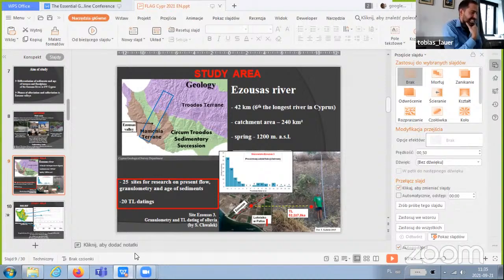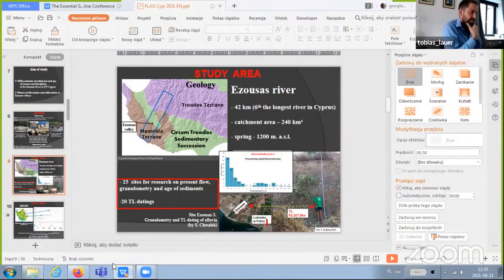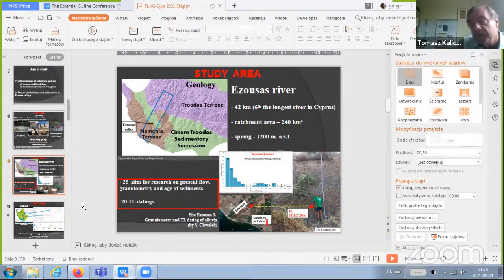Did you really use TL, thermoluminescence dating, or was it OSL? No, this is the TL method, because when we prepare this sample, many samples disappear because of the high calcium carbonate; from 1 kilogram we have 1 milligram.